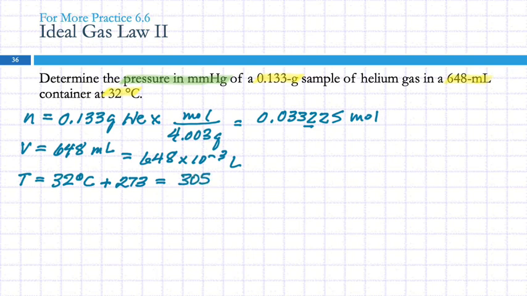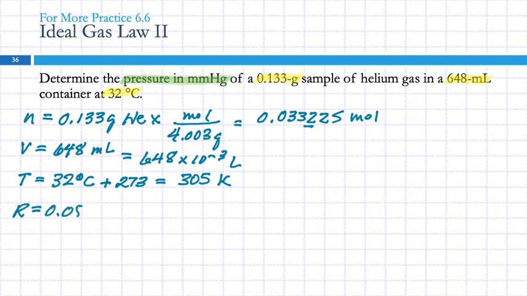And n is how much gas there is measured in moles. So we had to convert the amount of gas from grams to moles. We had to convert the volume from milliliters to liters, convert the temperature from degrees Celsius to kelvins.